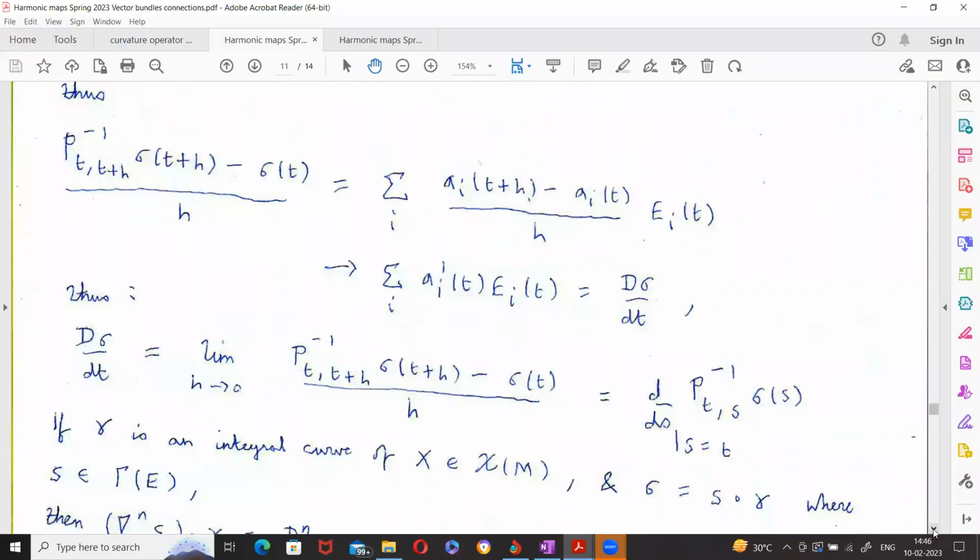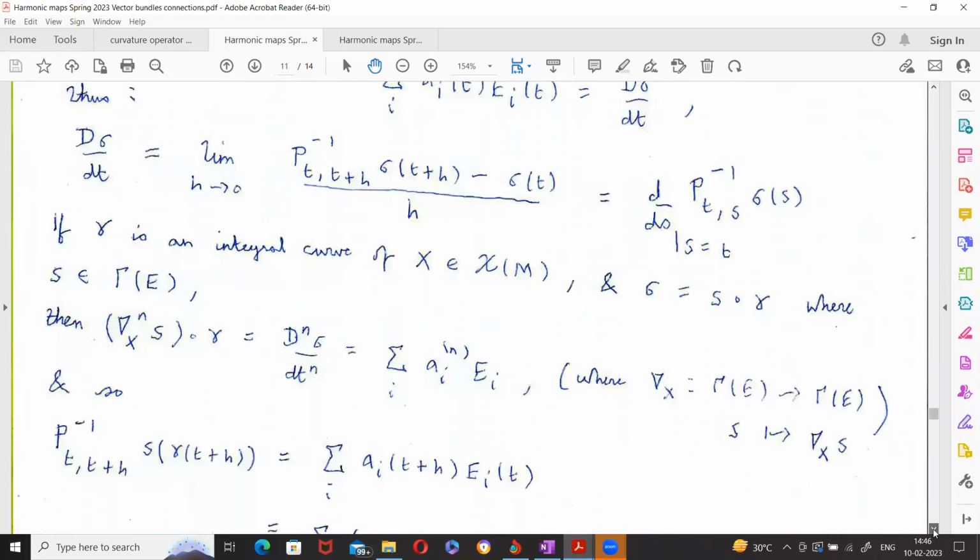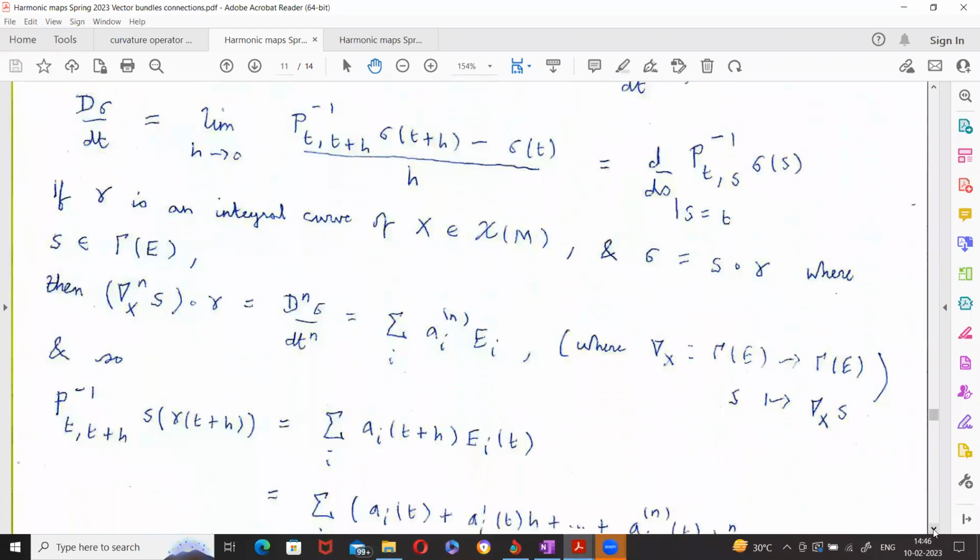So using the basis of parallel sections, in fact, we can write a Taylor formula for sections in the following form. Suppose gamma is an integral curve of a vector field X on M. And suppose sigma, my section along gamma, is of the form S composed with gamma, where S is a global section of E, right?